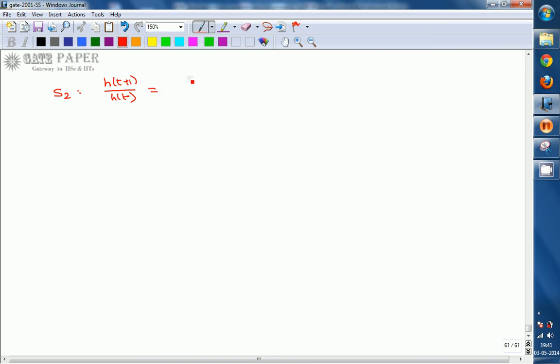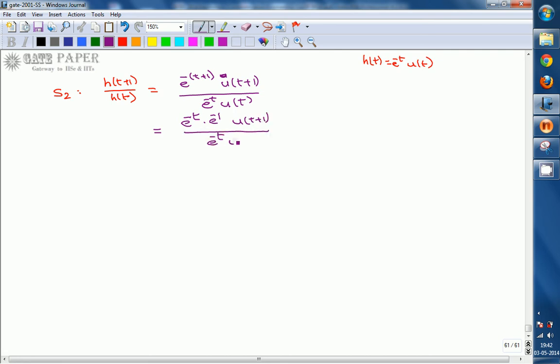We already calculated h of t, which equals e power minus t u of t. So h of t plus 1 is e power minus of t plus 1 into u of t plus 1, divided by e power minus t u of t. By simplifying this, we get e power minus t into e power minus 1 u of t plus 1, divided by e power minus t into u of t.